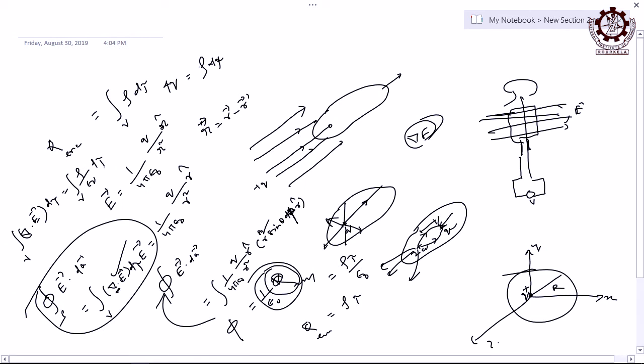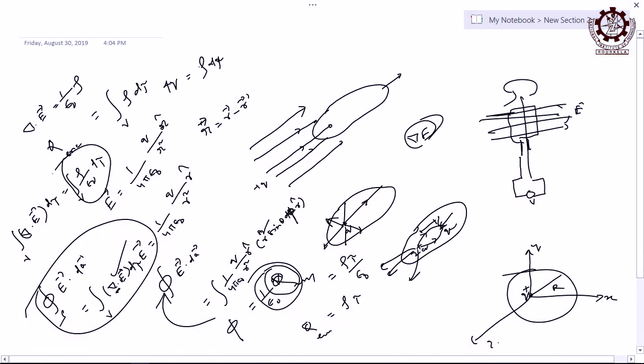Now what will the form be? Del dot E is equal to 1 by epsilon 0 times rho, and this is the differential form of Gauss law or the Gauss divergence theorem. Ultimately, this quantity is 1 by epsilon 0 times q enclosed, the same thing you got in integration, now obtained in differentiation.